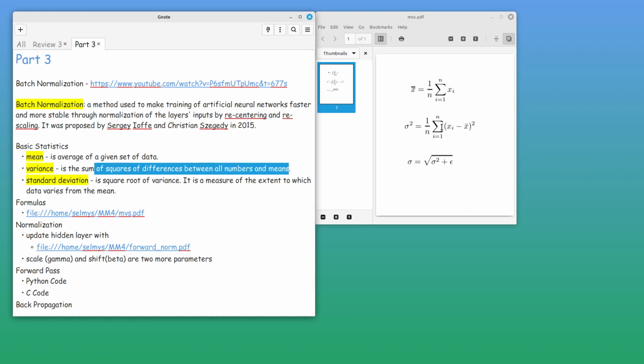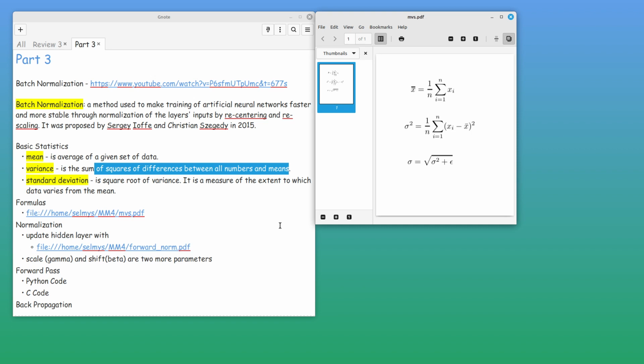And of course, the standard deviation is the square root of the variance right here. We have this little epsilon in here just to make sure that we don't end up with a square root of 0, which could give us problems.